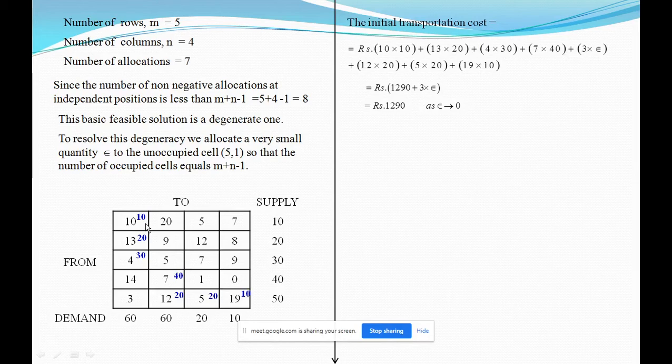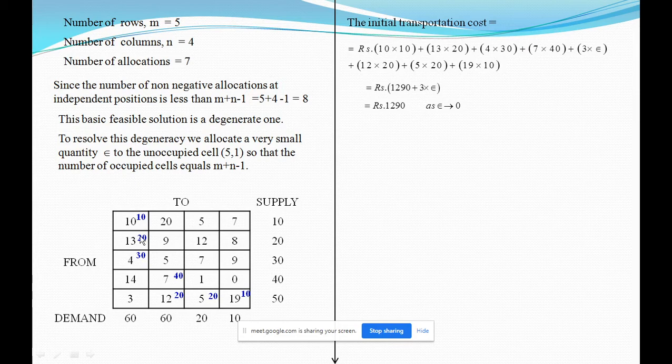Only 1. Second row only 1. Third row only 1. Fourth row only 1. Fifth row I have 3 allocations. Likewise, if you check the first column, 3 allocations, second column 2 allocations, third column only one allocation, and the fourth column also we have only one allocation.